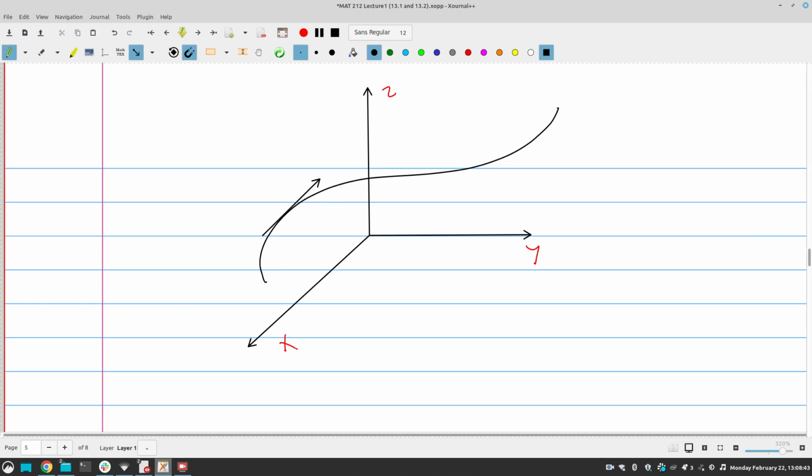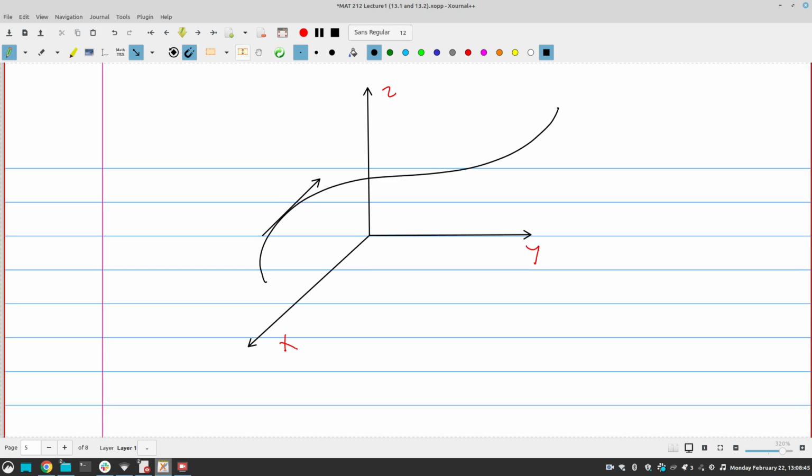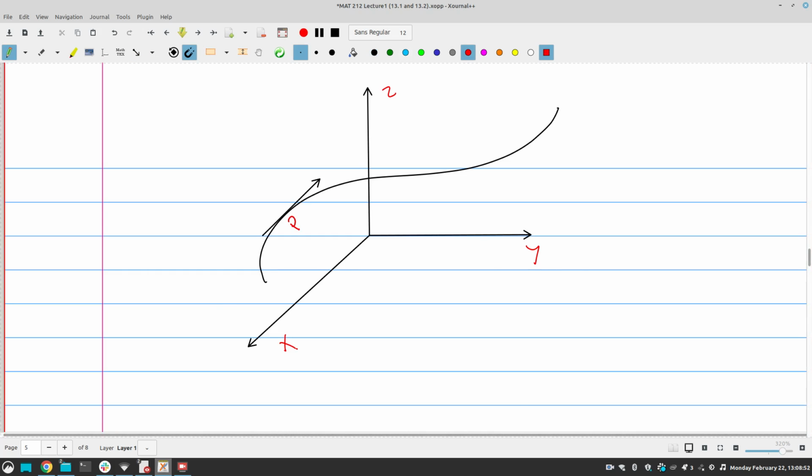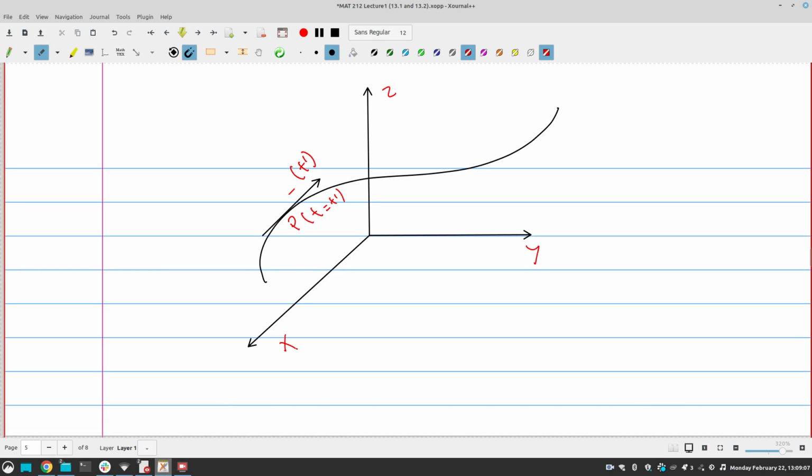So let's say at this point P, let the point P be parameterized by t. Let's call this t equal to t prime. So this is r prime at t prime, or using better notation, dr over dt at t equals t prime.